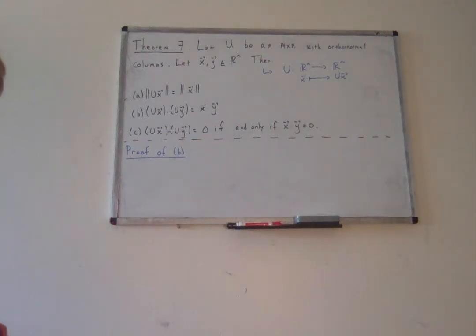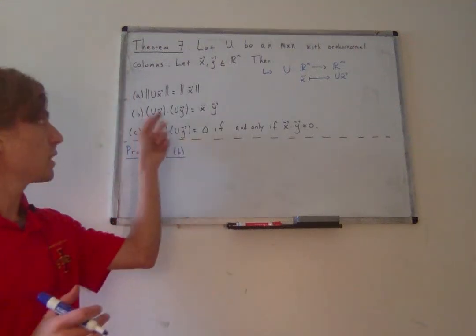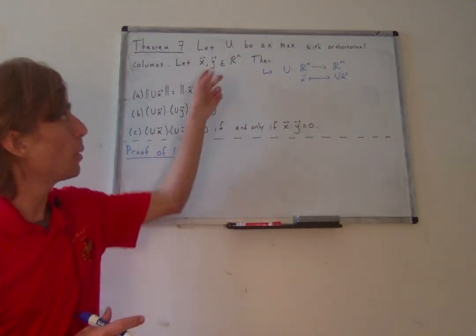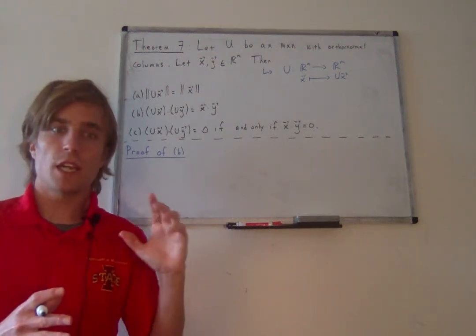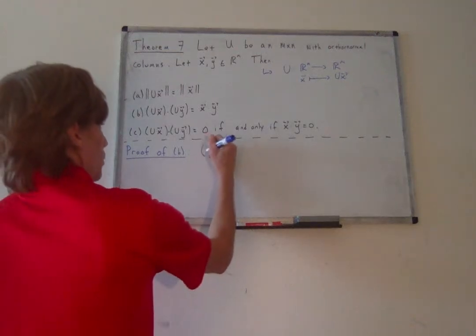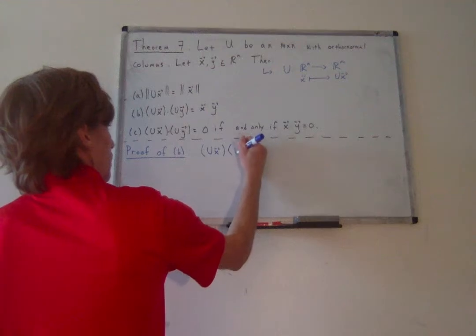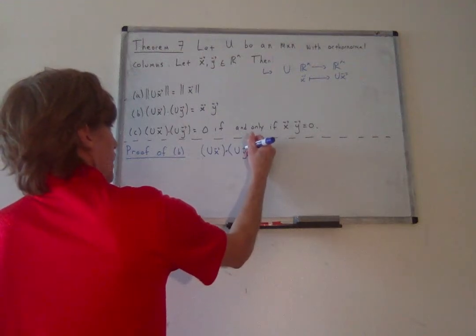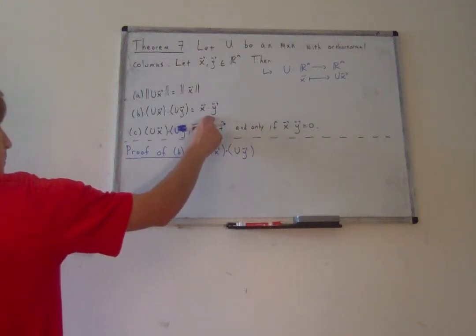So this is going to be one of those proofs where we kind of want to start out with one side of this equation, remember what we know about U, and try to work our way to the other side. So what I'm going to do is start with this, and eventually I want to create a long string of equal signs which get me to this.